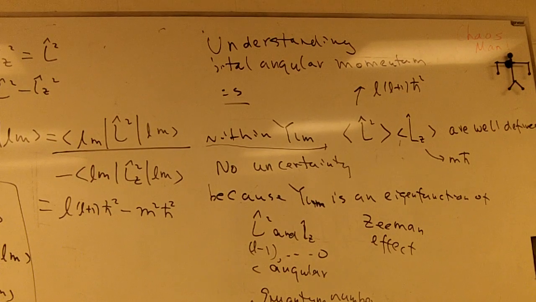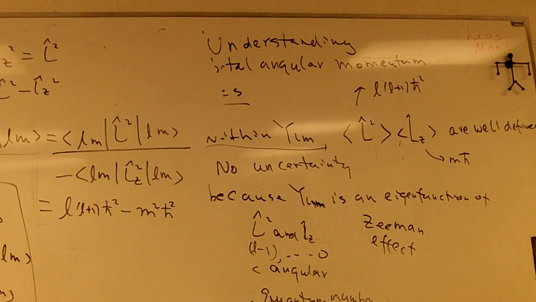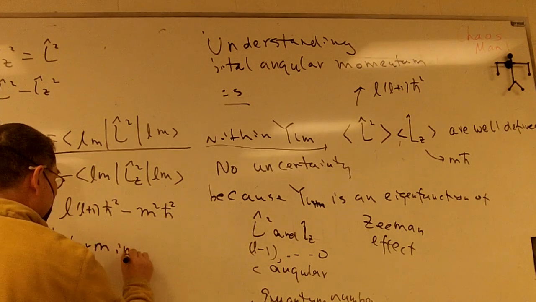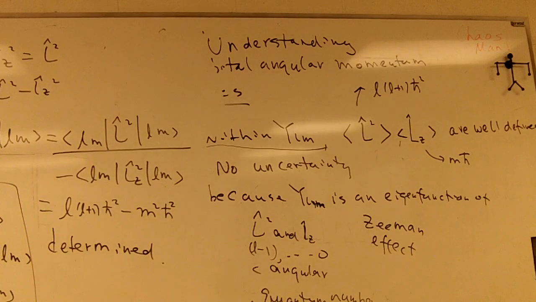So now you notice that if you add these two up, this is determined. Because if I tell you how large my L is and how large my m is, this is determined.